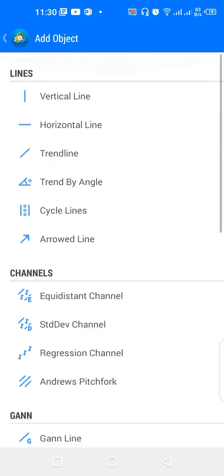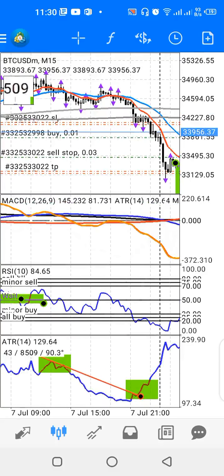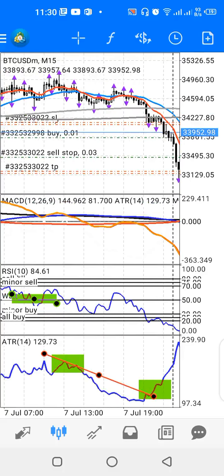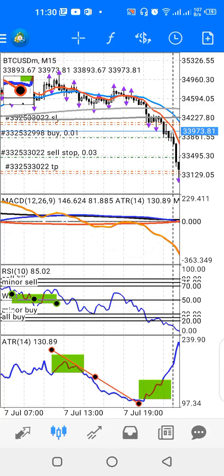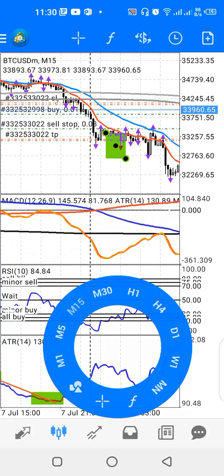You can draw trend lines to know when the ATR line will cut the trend line. Like your trend line tapers around the ATR line in this manner. So when you have a cut, like a breakout of the line, like you have around here, that's your buy signal. Okay. Same thing for sell signal.